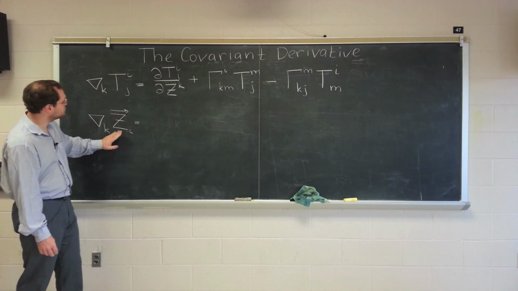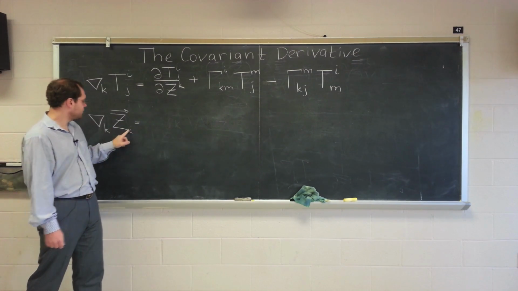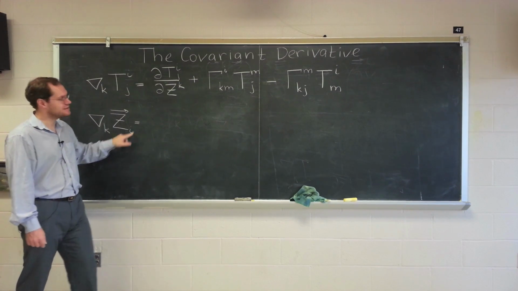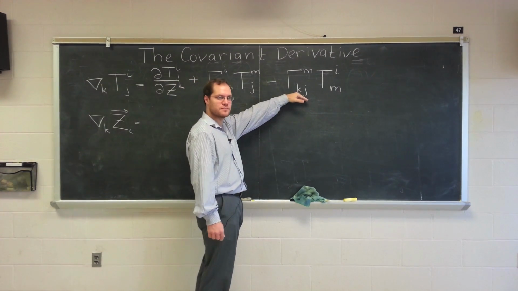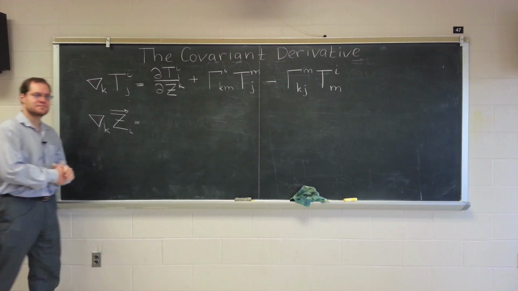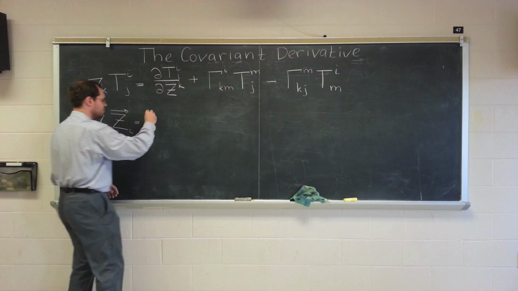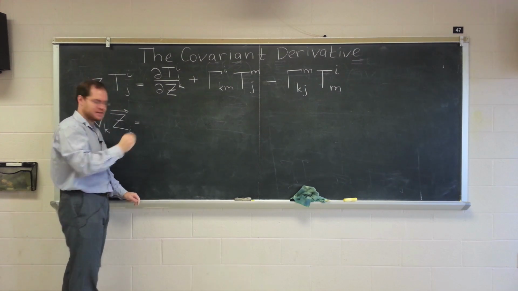So what you will have to do is a partial derivative, and then because it's a covariant index, you'll have to use this kind of term. So just at least apply the definition. You don't have to simplify, but at least apply the definition. Are you guys doing it along with me? Good.